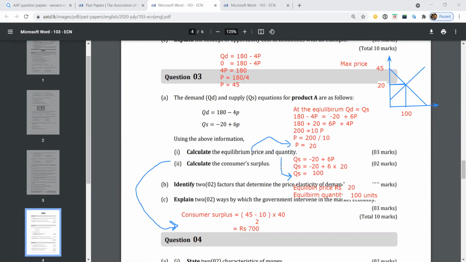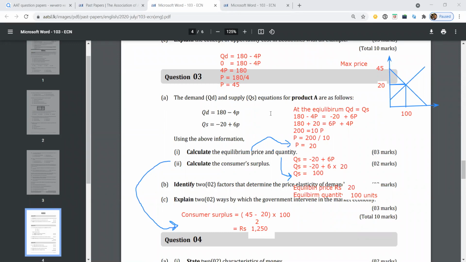Then, right, surplus. There is an issue. 20, 100, then it is 45. The answer is 1,250. Right, let's just check.